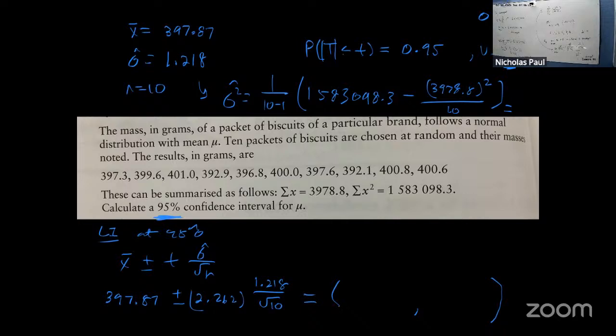Anybody have values there? Jesse has 397.01 and 398.75.